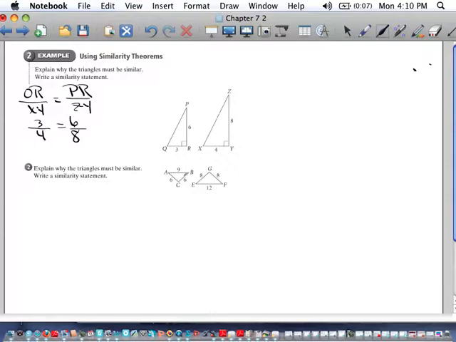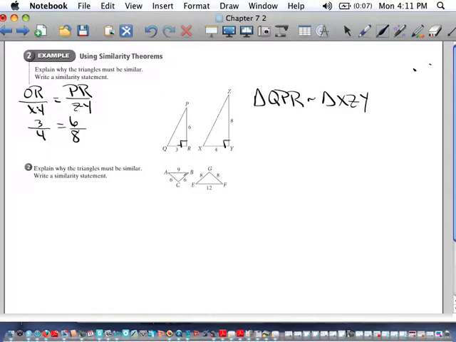So therefore, I have sides proportional and I have a congruent angle. So I have triangle QPR similar to triangle XZY as my similarity statement.